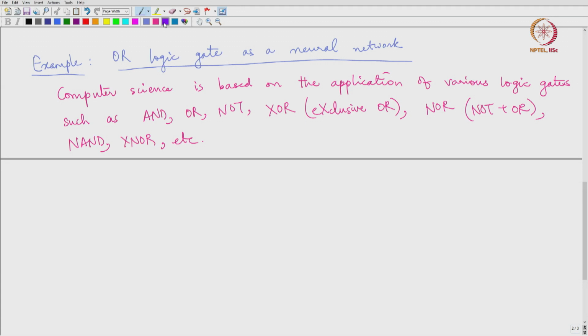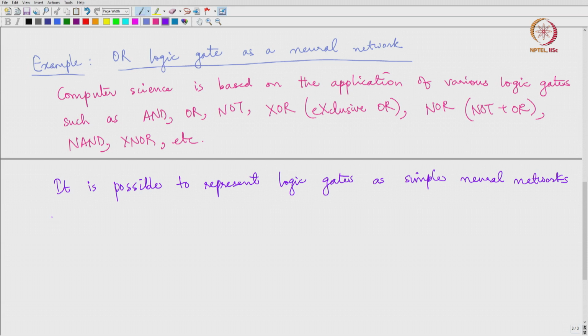Now from the perspective of neural networks, it is possible to represent logic gates as simple neural networks, with the Boolean variables or the Boolean inputs as features, okay.